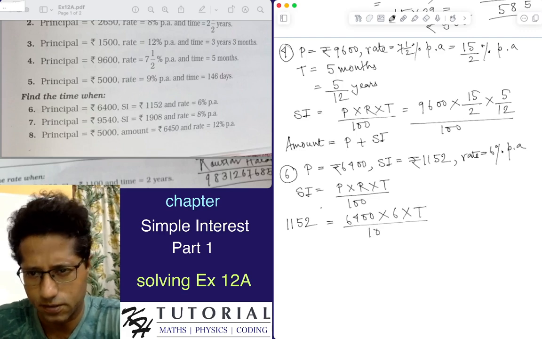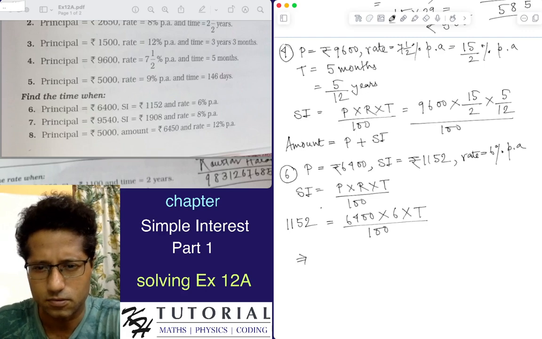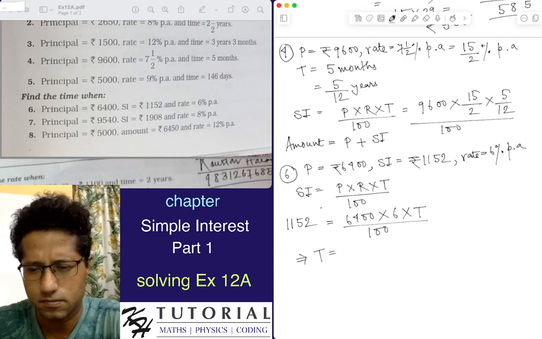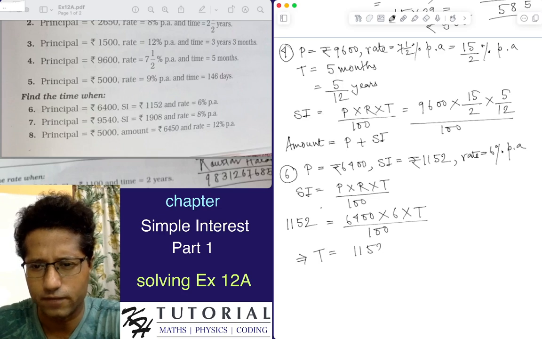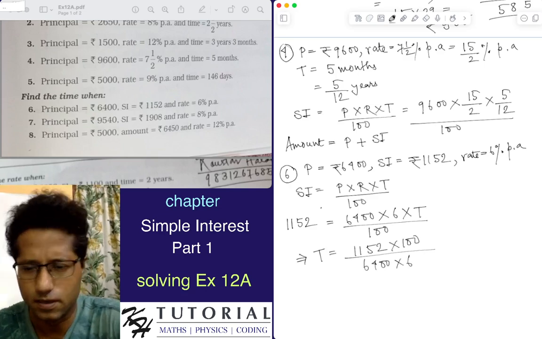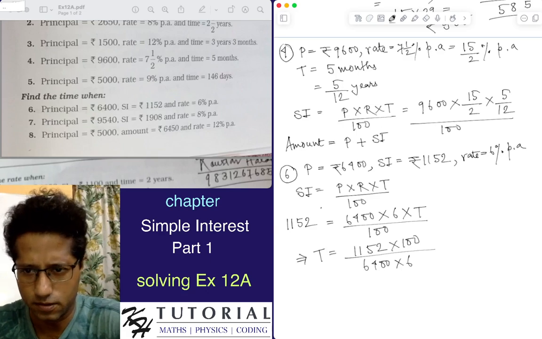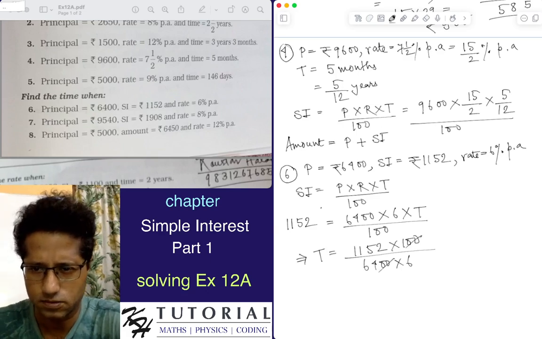So from this we can easily find T as 1152 multiplied by 100 divided by 6400 into 6. Let's see what it comes out to be. 0 cancels out.